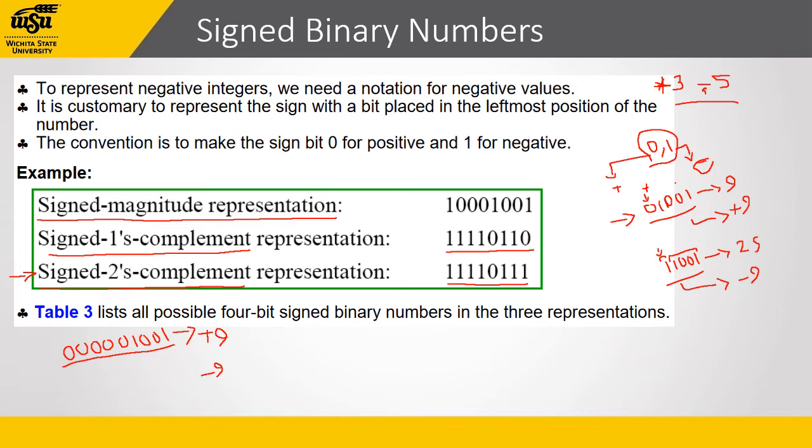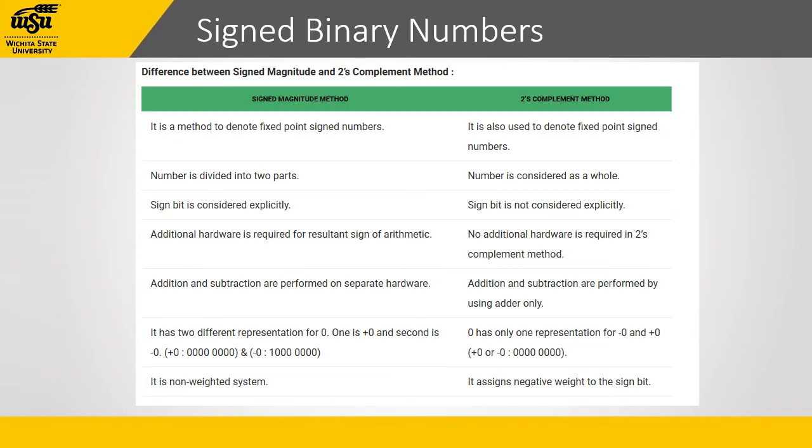But let's see why the signed complement approach is better than the sign magnitude approach. We have a comparison here to see the differences between the sign magnitude method and the 2's complement method. We mentioned that the advantage and purpose of complements is to help us design simpler circuits. You see that if we follow the sign magnitude method, addition and subtraction are performed on separate hardware devices.